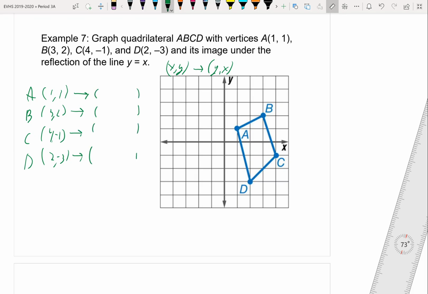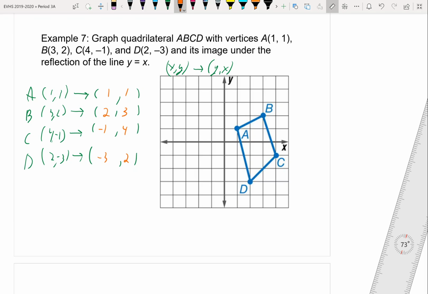Go ahead and get all of those set up for us. Now, (1, 1). What we're going to do is take our x and y coordinates and swap them. Well, 1 and 1 just stays 1 and 1. (3, 2), we're going to switch them. That becomes (2, 3). This becomes (-1, 4), and this becomes (-3, 2).